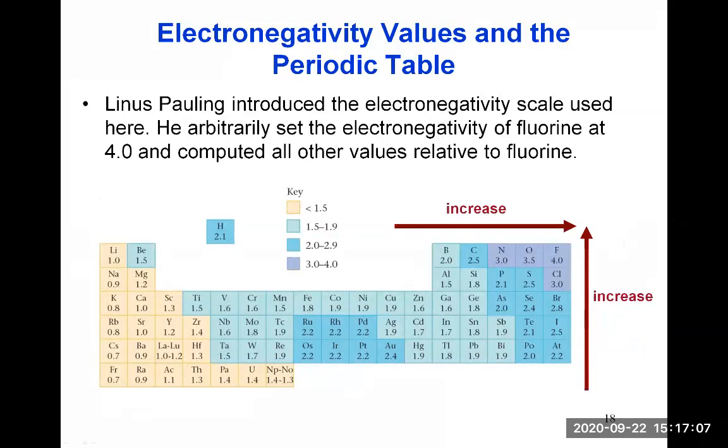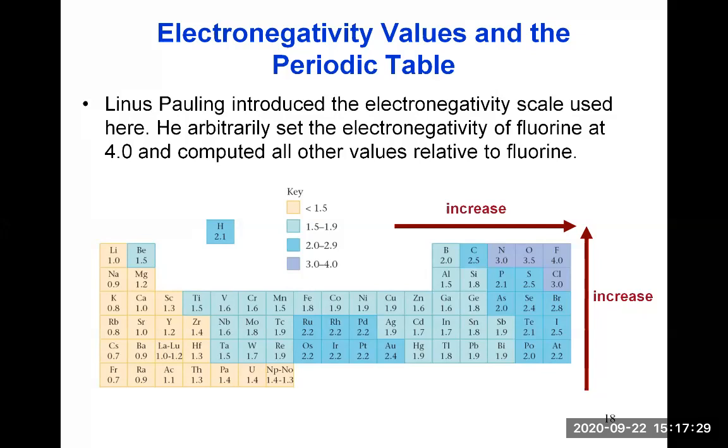This property of electronegativity is given in tables. You will be provided with this electronegativity table on a reference paper. It's typically given for each element in the periodic table.